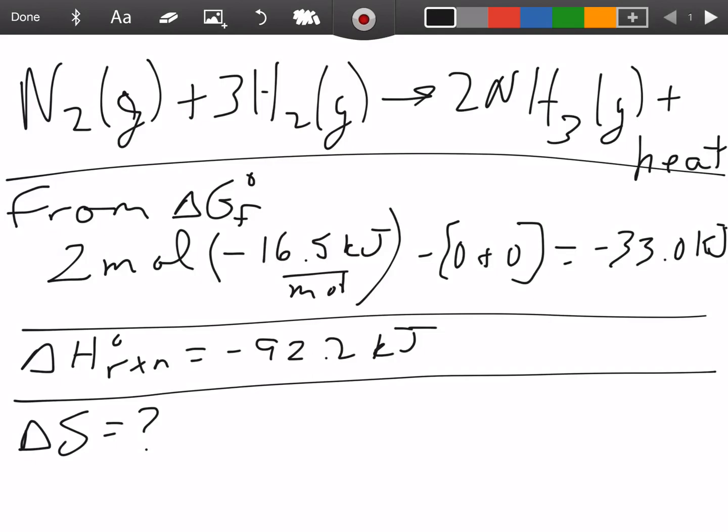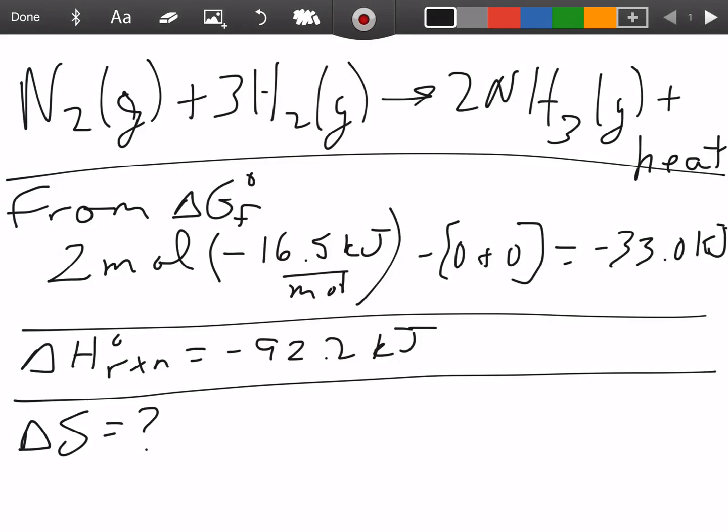If I were to calculate the delta G of this reaction, I can go straight to the delta G of formation tables and I can find the delta G of ammonia, and I see there that it is minus 16.5 kilojoules per mole.